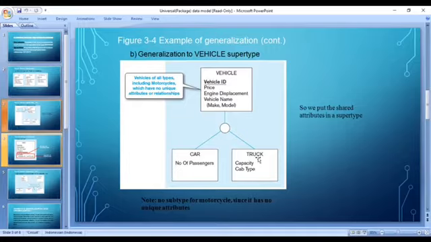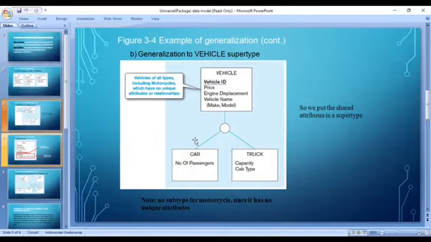Generalization has allowed us to group entity types along with their common attributes and at the same time preserve specific attributes. You'll see that the only attributes of motorcycle are those that are common to all vehicles. There are no attributes specific to motorcycle, so there is no need to create a motorcycle subtype.